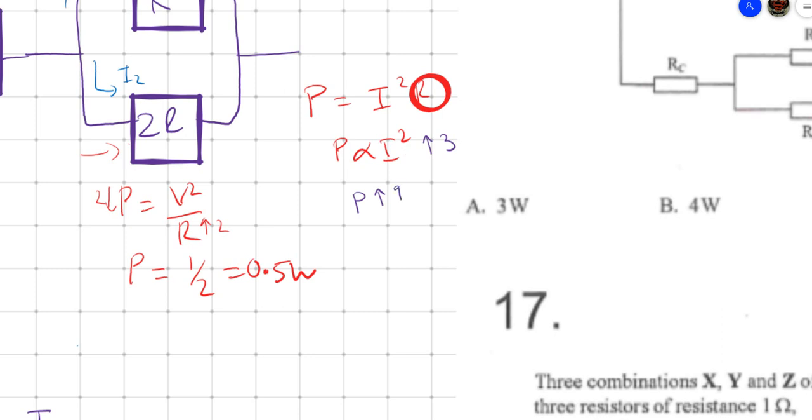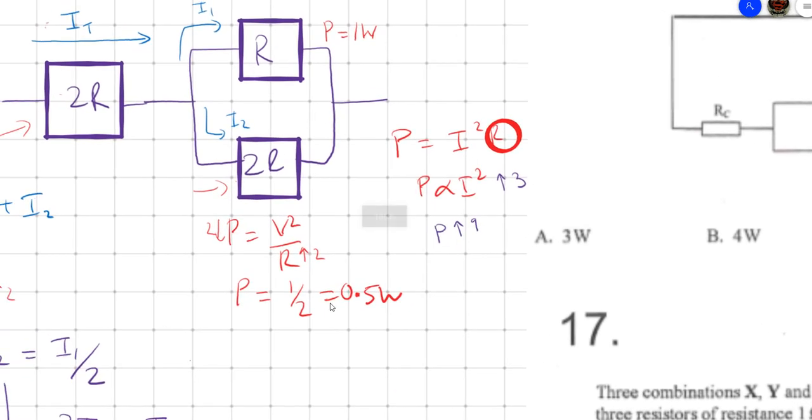Now we know that the current in the 2R is how much?